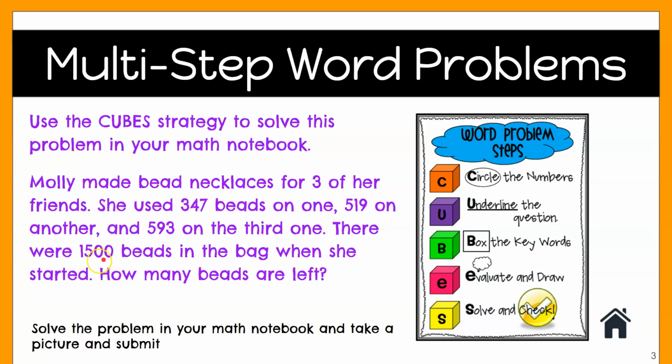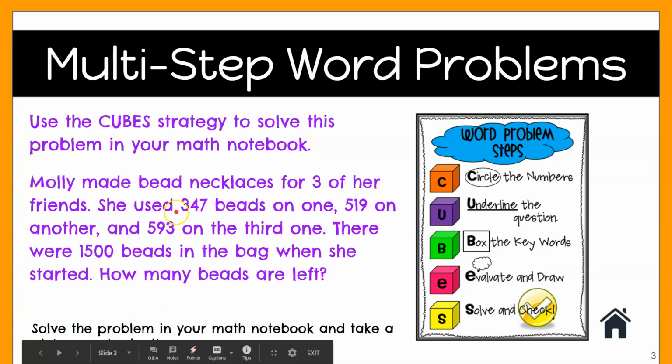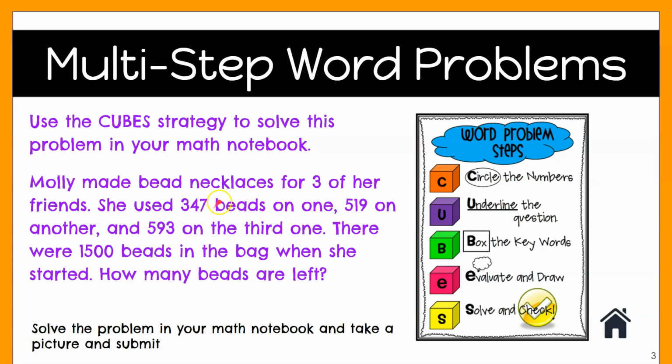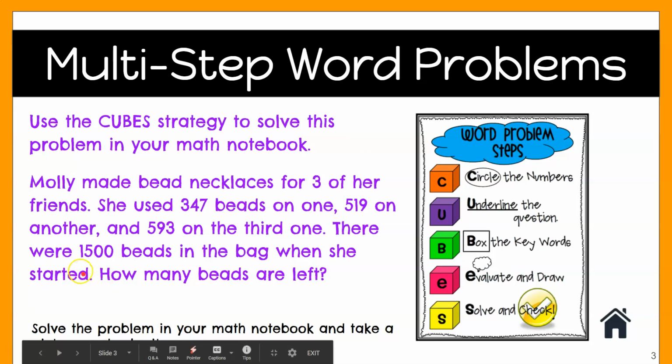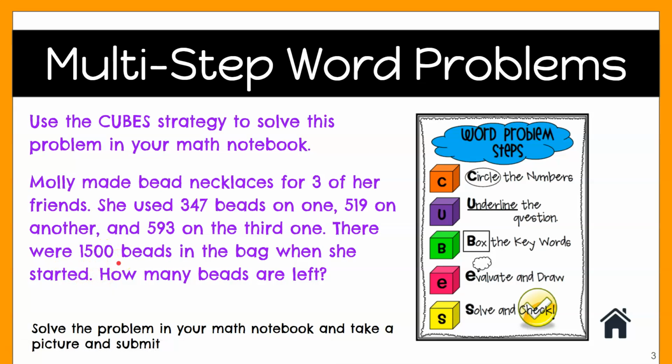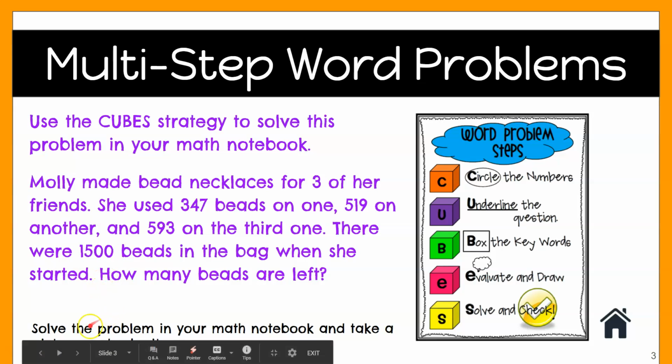Since I know that I started with 1,500 and that she used all these beads, I'm really finding the difference between this number and the total. Now, 1,500 has 2 zeros, so make sure you're very careful with your subtraction.